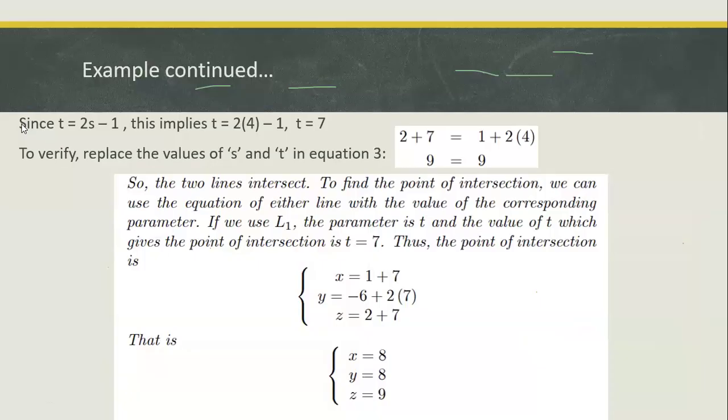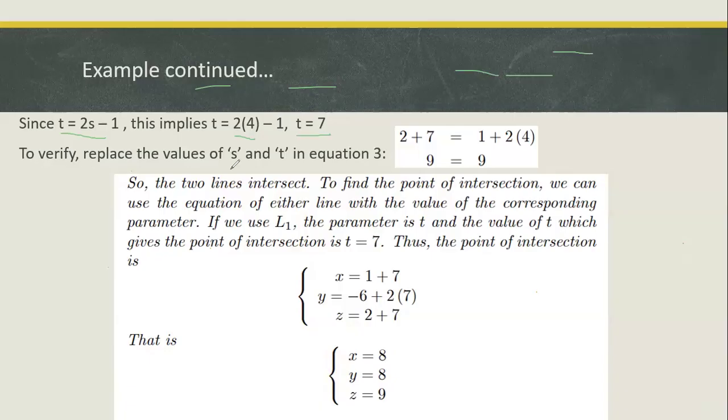So we continue with the example. From equation 1, t is equal to 2s minus 1, and we found s just now to be 4. With some basic substitution, we can work out that t is equal to 7.